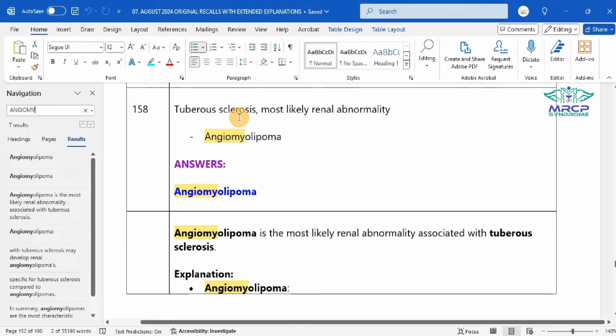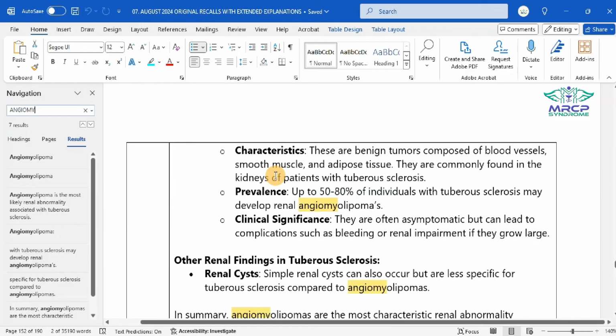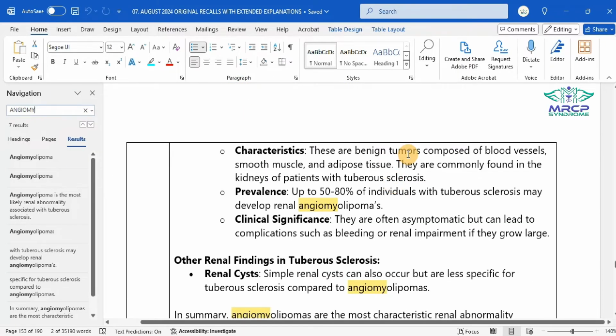Also in the original scenario, it was a case of tuberous sclerosis, and they asked the most likely renal abnormality, and it was the angiomyolipoma. Angiomyolipoma is the most likely renal abnormality associated with tuberous sclerosis. These are benign tumors composed of blood vessels, smooth muscle, and adipose tissue, commonly found in the kidneys of patients with tuberous sclerosis.